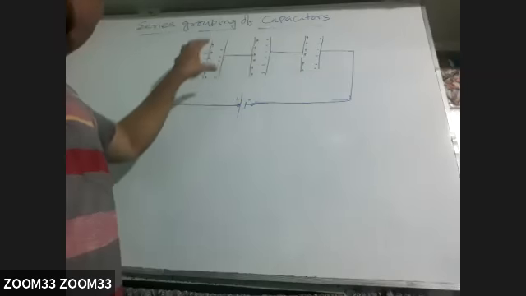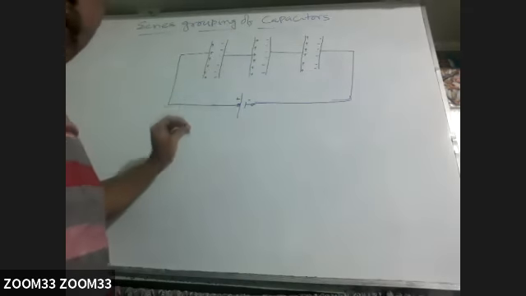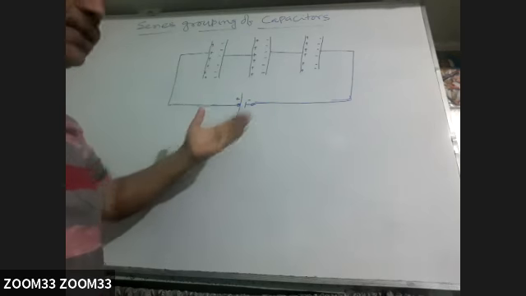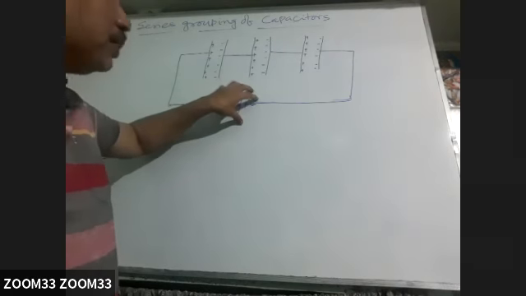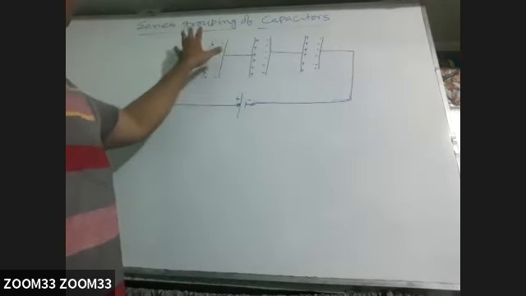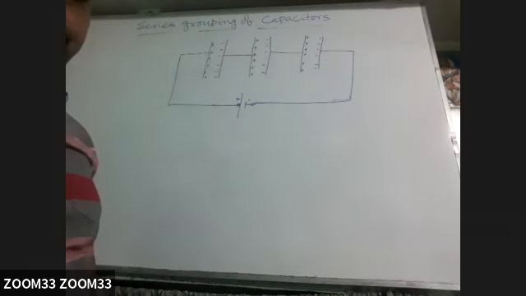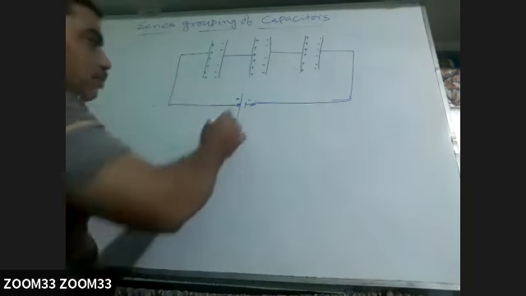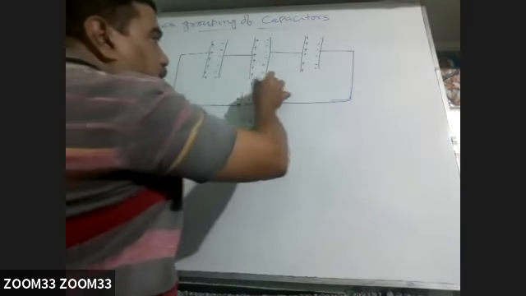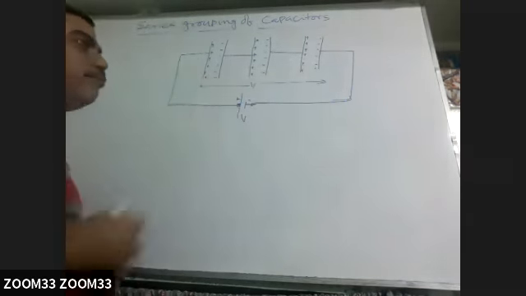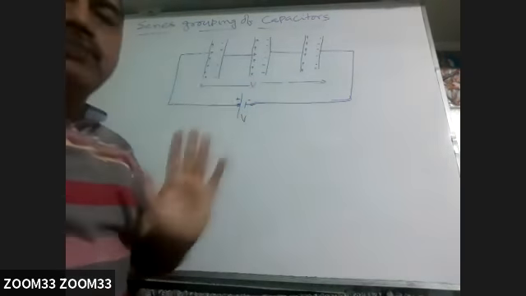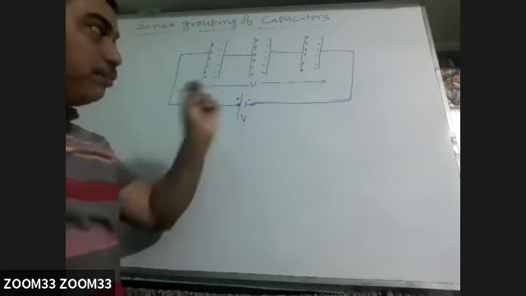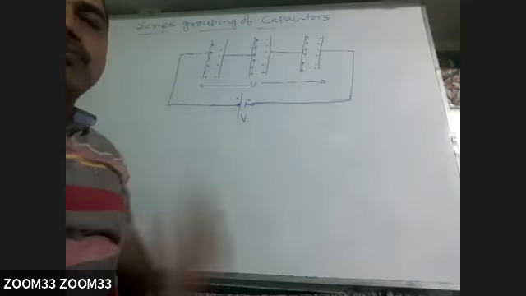Till what time will this induction of charge continue? Till the potential difference of the source and the potential difference of this group is the same. When the potential difference of this source and the potential difference of this group from here to here becomes the same, this induction will stop, or this displacement current will stop. So this displacement current will be only for a moment.